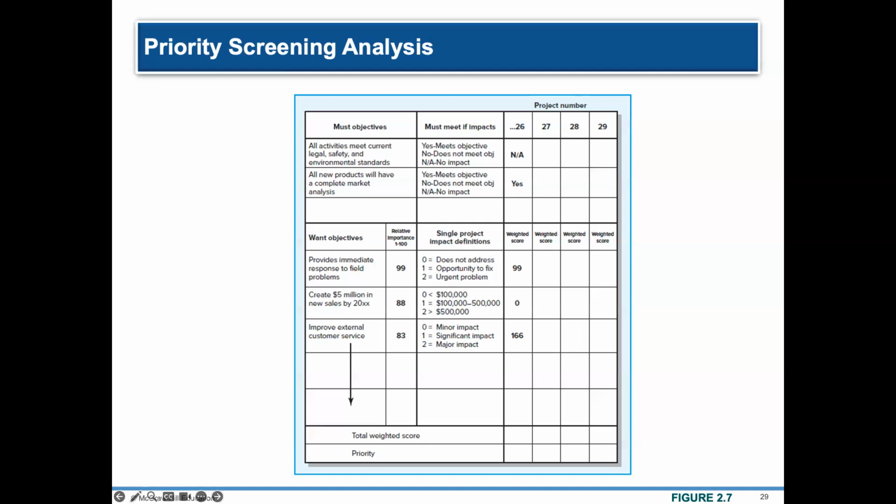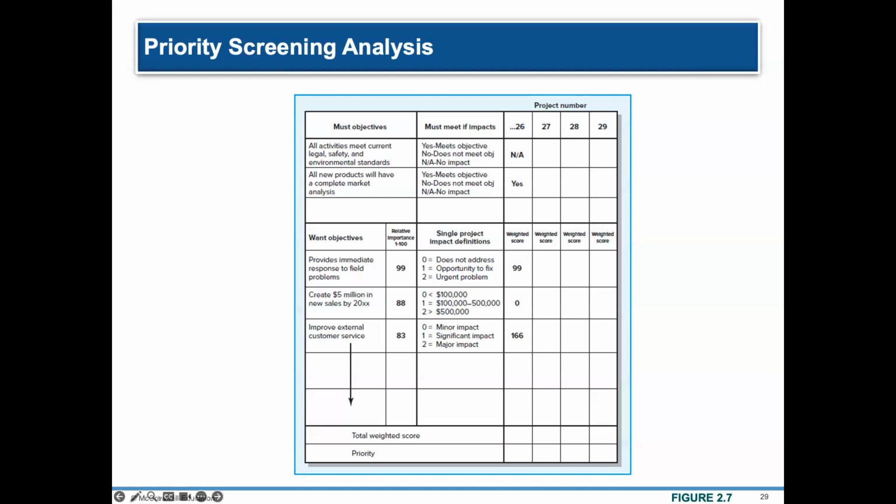So, in the must objectives, you must answer yes, no, or no impact. Under the want objectives, meaning these are the nice to haves, you would have to rate these projects according to these nice to haves from 1 to 100.